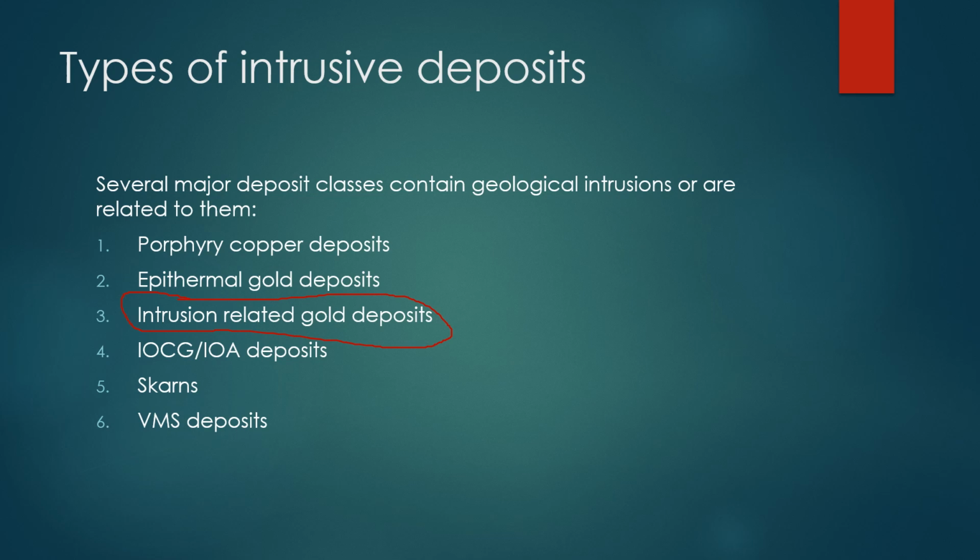But the hydrothermal circulation that is responsible for that is being driven by the heat of geological intrusions at depth. The bottom line I'm trying to get across is that in many ore deposit classes and models that we have in the geological literature, geological intrusions form a fundamental part of that model.